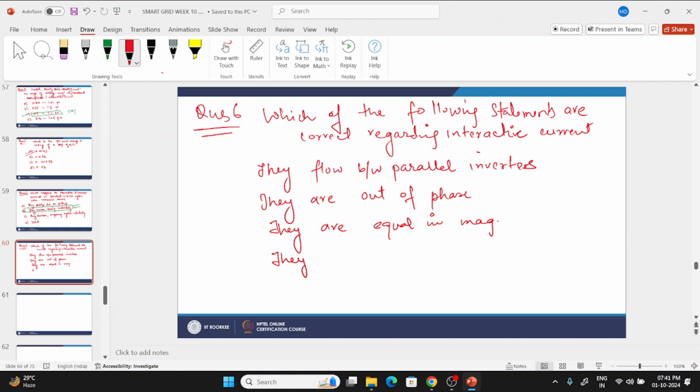Fourth, they are also flown towards the grid. So this is first, this is second, this is third, this is fourth. So write the correct answer.